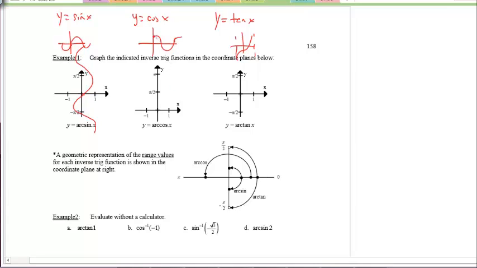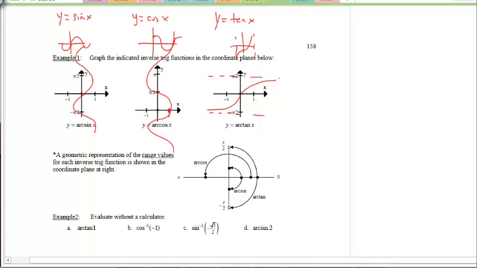So starting at 0, 1, now it'd be 1, 0, and here we go. It would look probably something like this. Right? On forever. And tangent, well, notice it goes from negative pi over 2 to pi over 2, and I think the graph would look something like that.